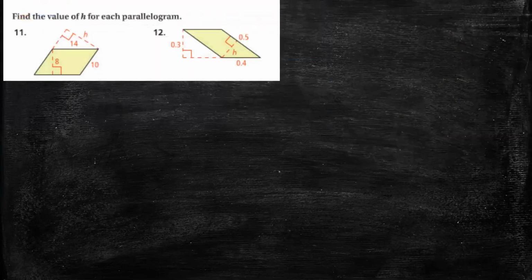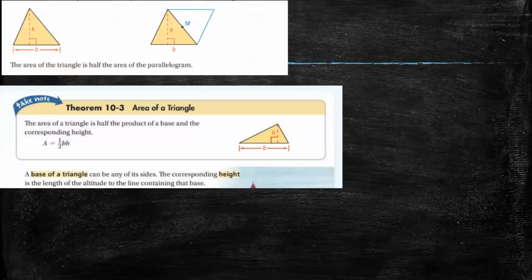Now, today we are talking about how we can find the area of a triangle. If you have this parallelogram here, and you cut this parallelogram into two equal halves, what do you get?